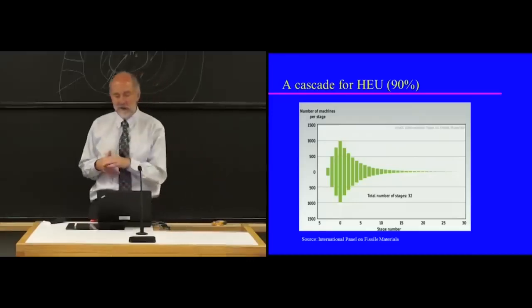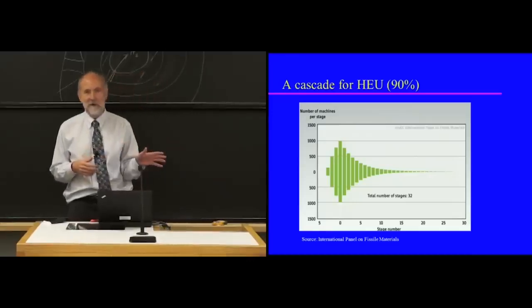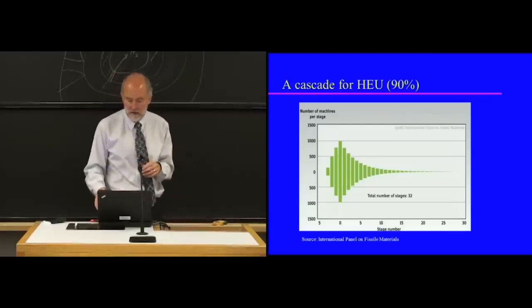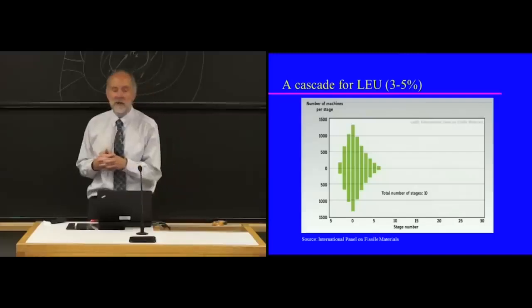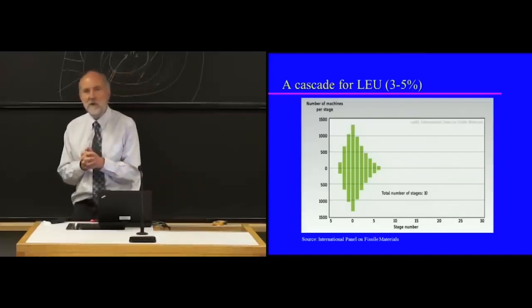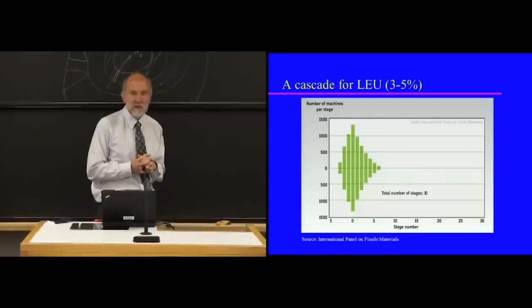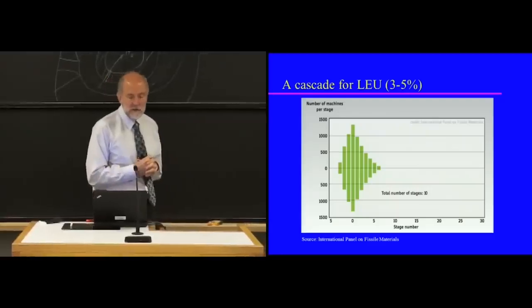And then that relatively small green bar at the far left is where the tails would eventually come out of the cascade. Now, if you weren't going to enrich it as much, if you only wanted to produce low enriched uranium, you wouldn't need as many stages in your cascade.